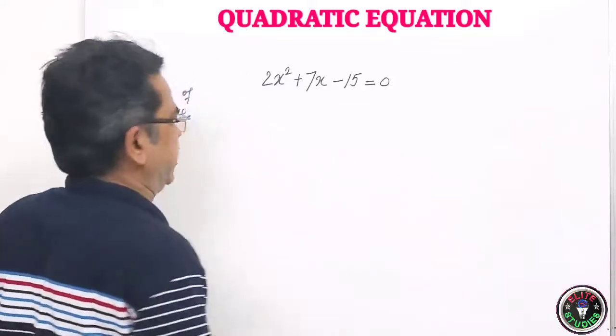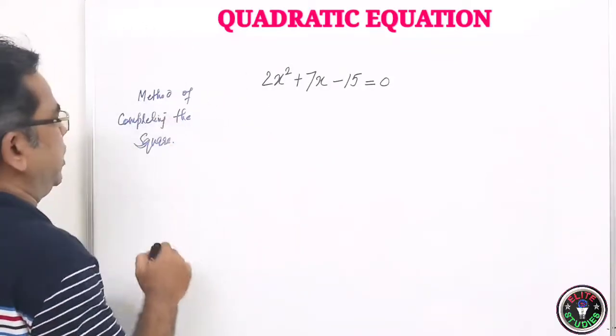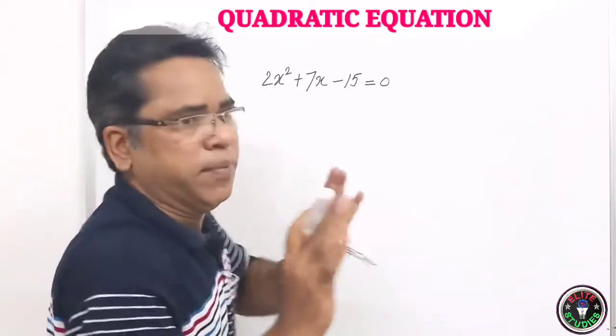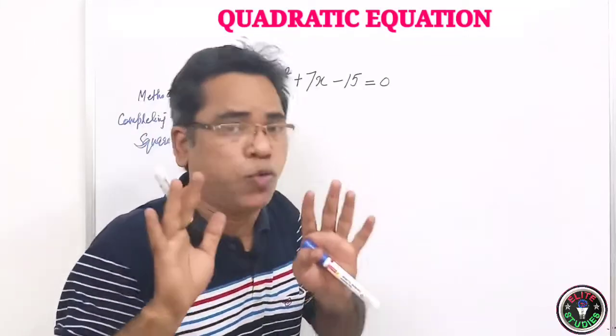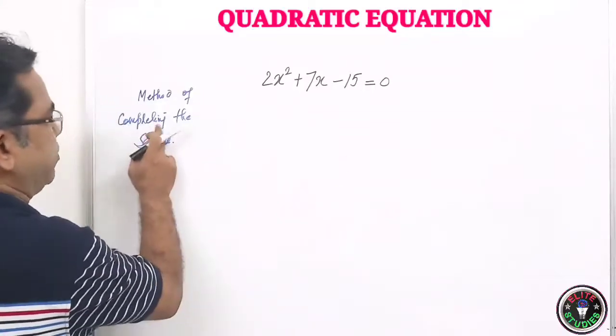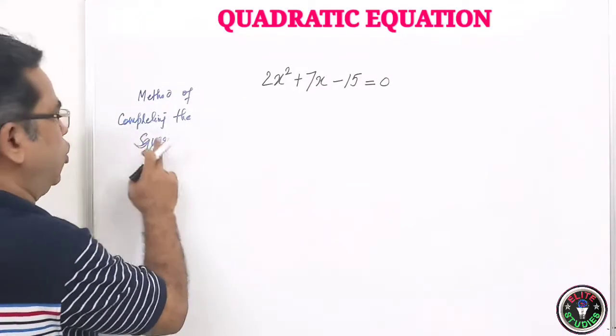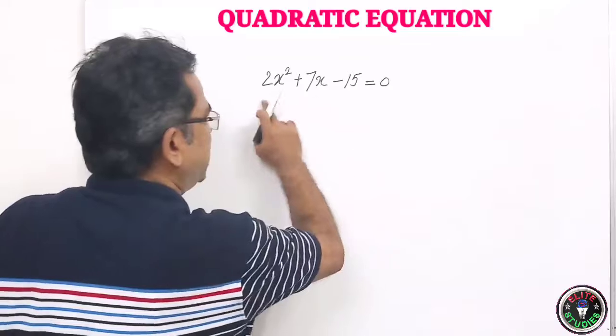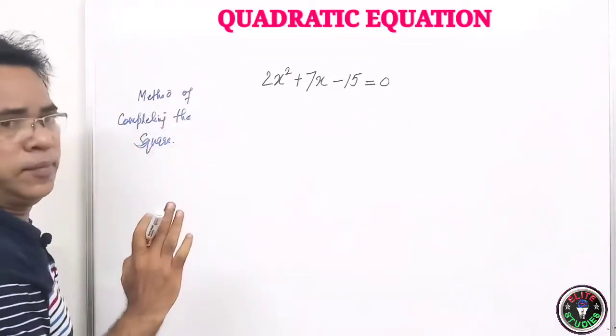In such cases, if you use this method, it is the ultimate method. There is no such quadratic equation made which cannot be solved by this method. So we will try to solve this equation by this method.